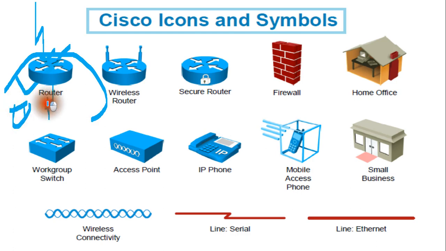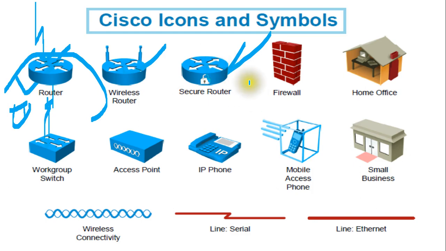And wireless router, this is for wireless connectivity to devices. Again, secure router, you can use a firewall. A secure router is itself a secure device, but you can have some more advanced router also.